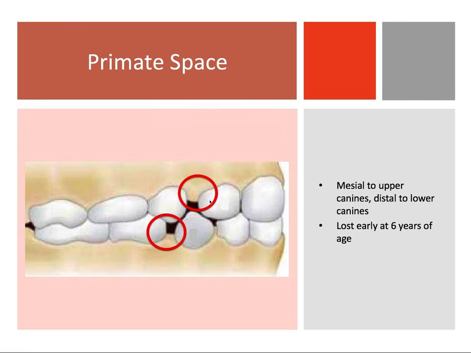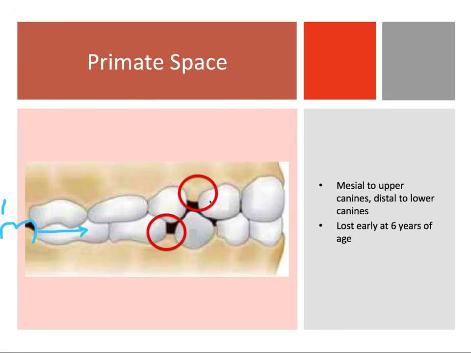This space is lost early at around 6 years of age with the eruption of the permanent first molars. As the permanent first molars, which are not shown here, erupt into the mouth, you can think of them pushing these teeth mesially just a little bit to close that space.